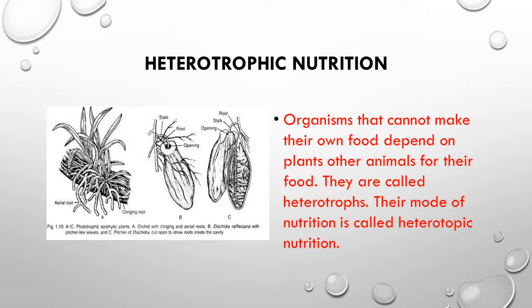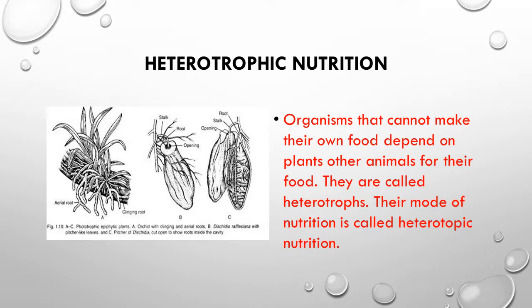Heterotrophic nutrition. Here you can see the picture of heterotrophic nutrition. Heterotrophic nutrition means they depend on each other. We also depend on each other. Like us, plants also depend on each other. Organisms that cannot make their own food depend on plants and other animals for their food.